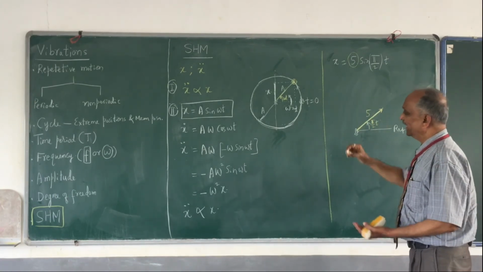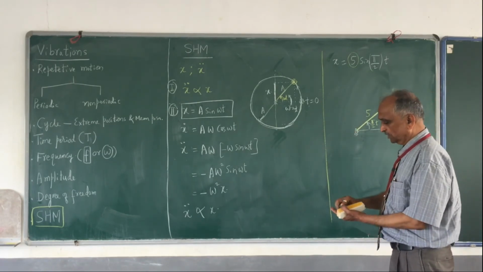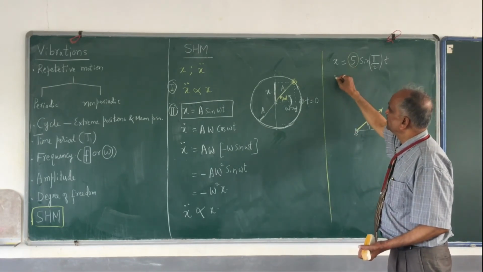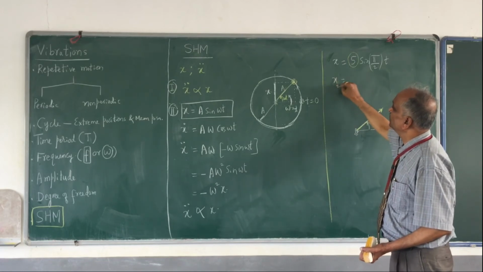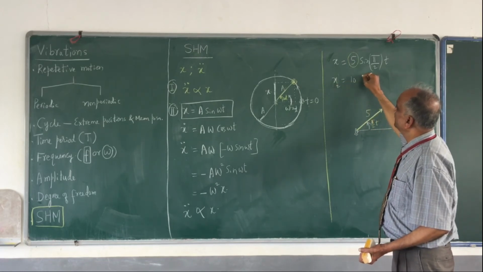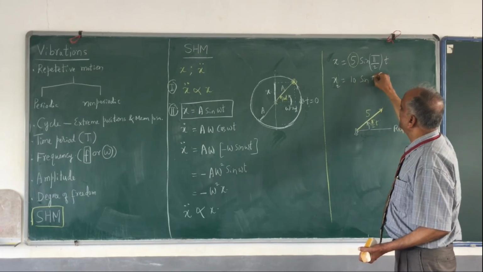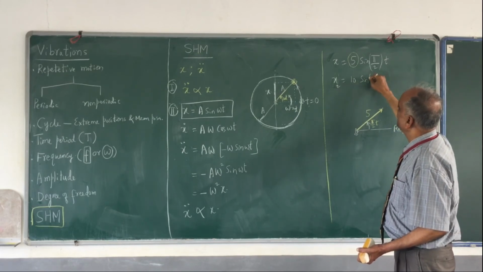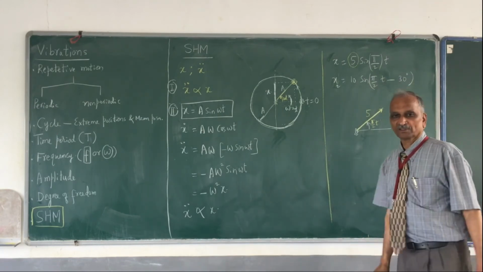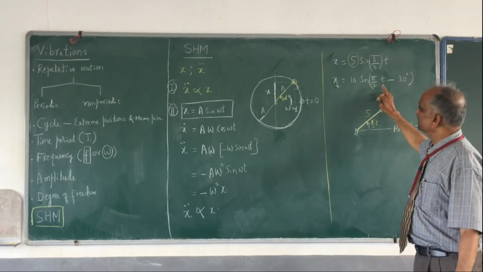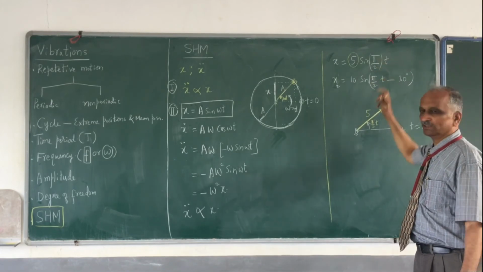If I have another, let me call it x2, x2 is equal to 10 sine of pi by 2 into t minus 30 degrees. Please remember, this also has the same frequency.